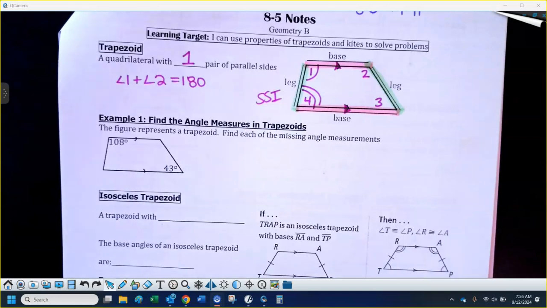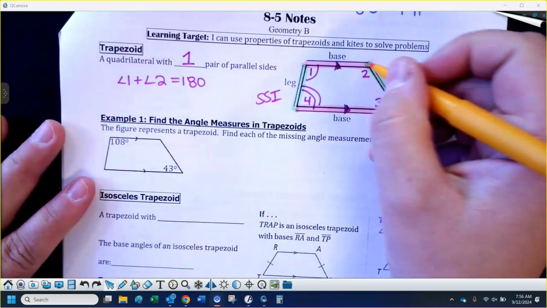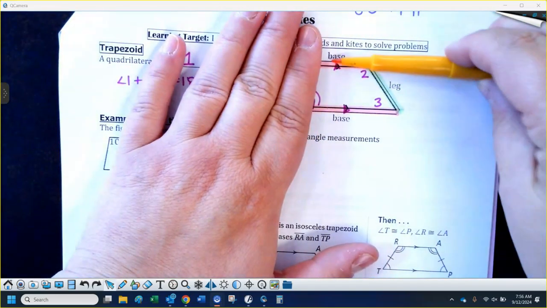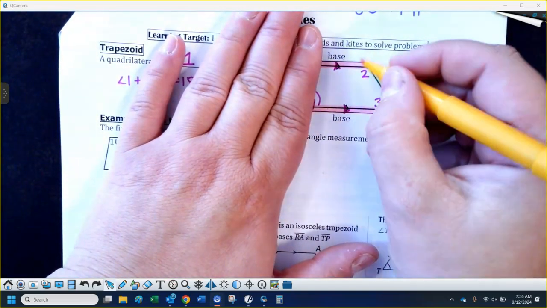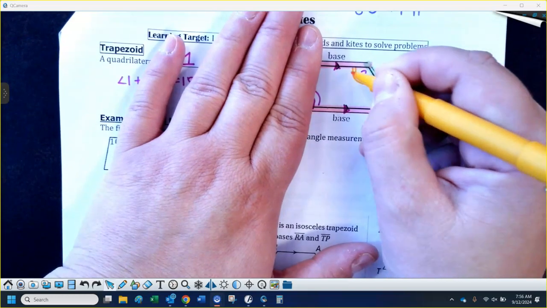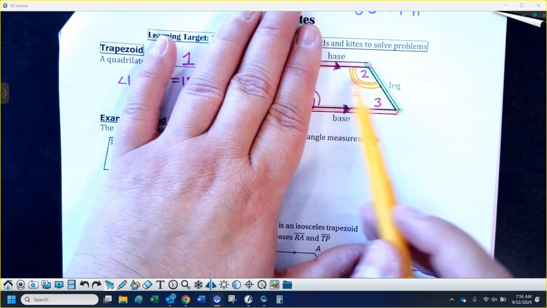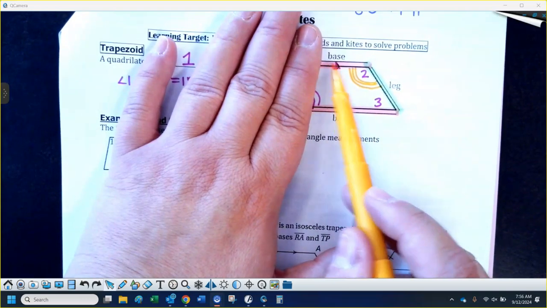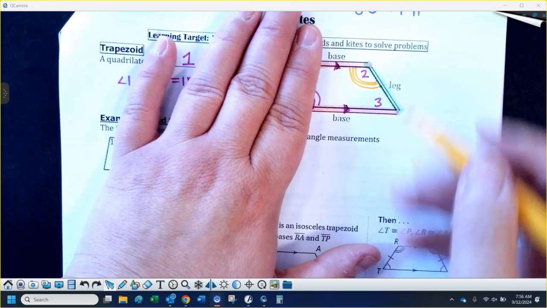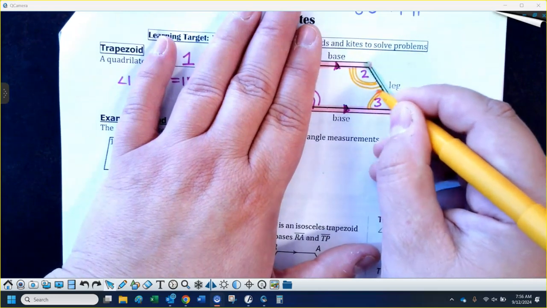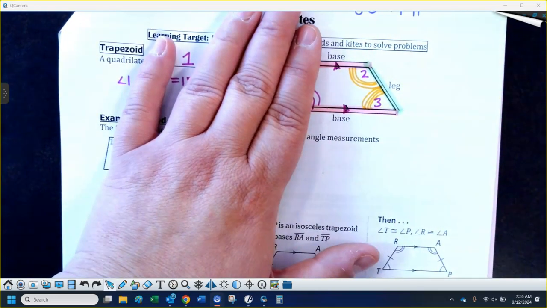Now, you literally have the same argument over here with angles 2 and 3. I'm still using these two parallel lines to form angle 2. I'm just going to use 3 lines here because I used 1 and 2 on the other. This angle is formed by the top and that leg. Angle 3, I'm going to try to use 4 because I'm trying to show you they're not the same as the others.